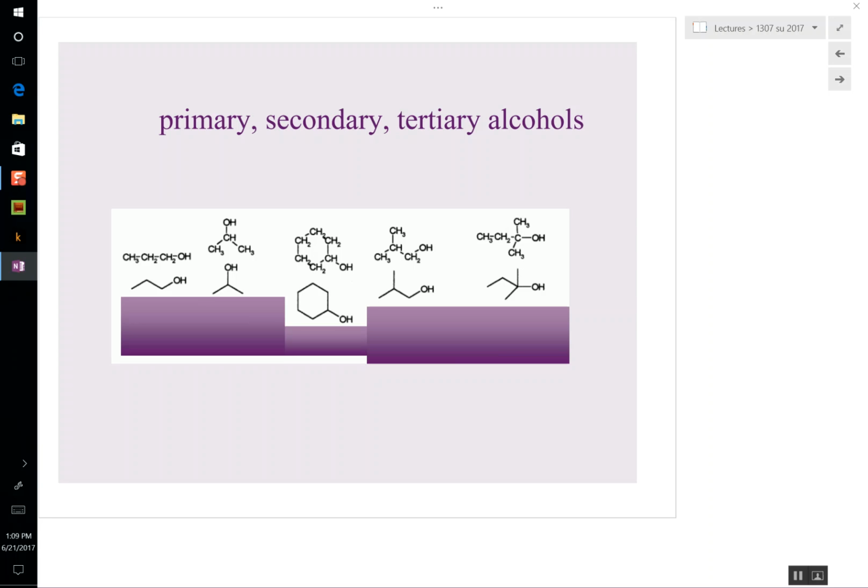There's only one. The consequence of that is that carbon has two hydrogens on it. And that's a primary. I heard a whole bunch of things. Tertiary. That has 1, 2, 3 carbons attached to it. So this is tertiary. This is primary. Secondary. Secondary. Primary.